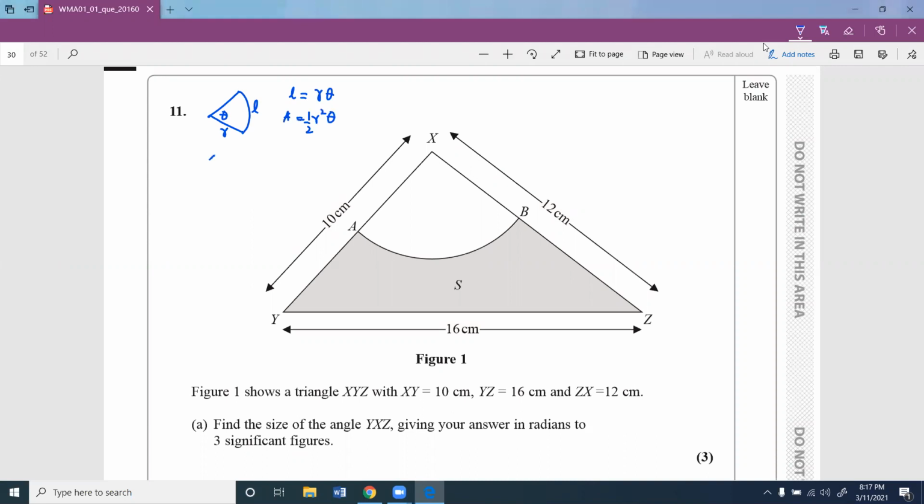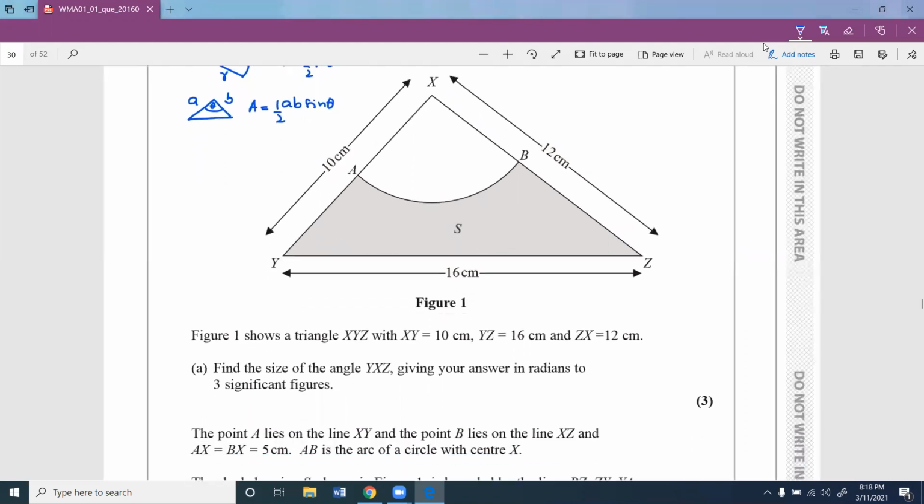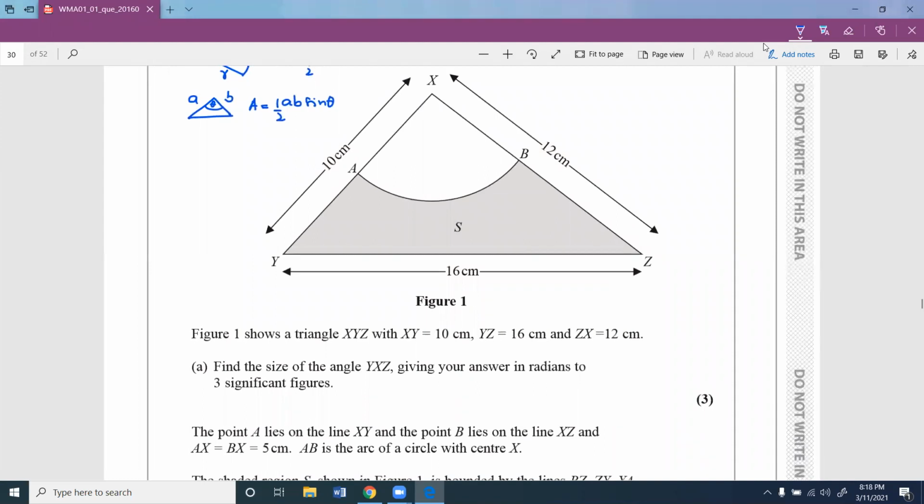Apart from that, if you need to find the area of a triangle where the lengths are A and B, where the included angle is theta, you can find the area of this triangle as half AB sine theta. Apart from that, we are using trigonometric relationships, the sine rule and the cosine rule. So we might use some part of these to get the final answers in this question, right?